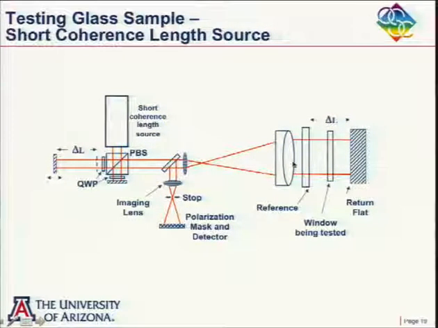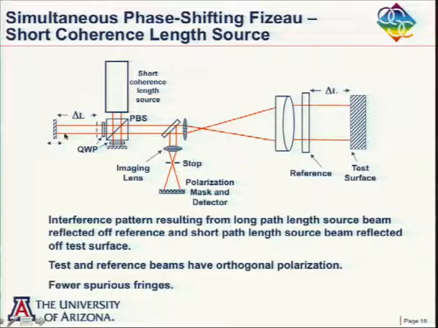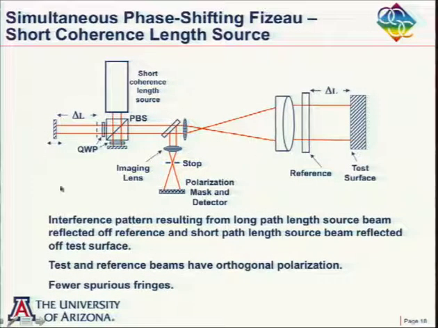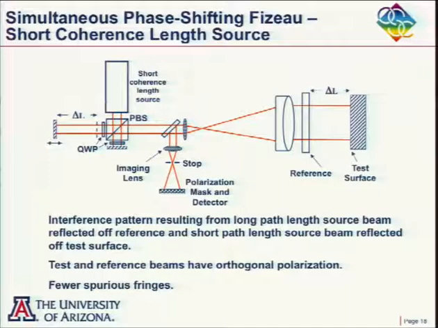It's only the long path reflected off of here and the short path reflected off of there that will be coherent. So even if I get other reflections in the system, I won't get spurious interference fringes.